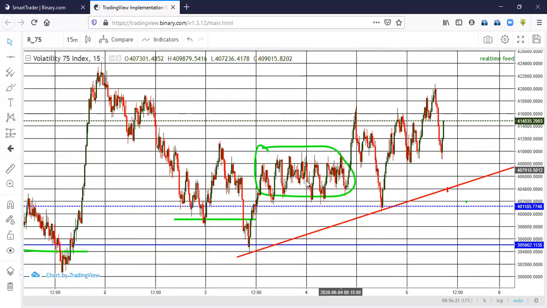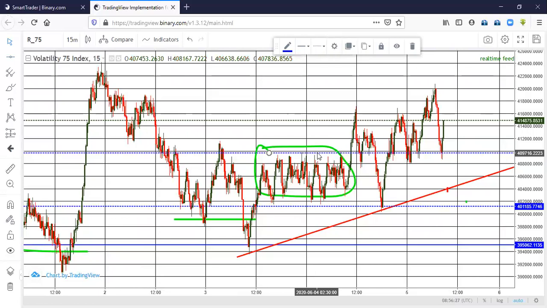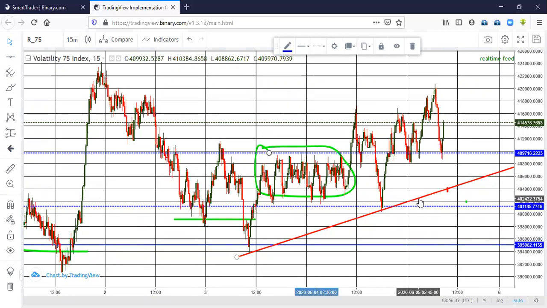Because of this resistance which was here, which has now created a bit of resistance on top there, where we had some resistance here it has now changed into support, meaning that we can even change the way our trend line is from down below here.